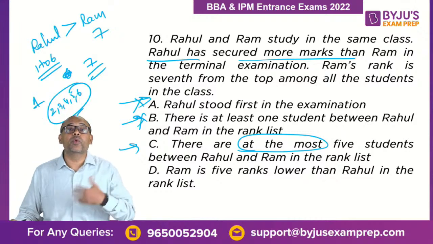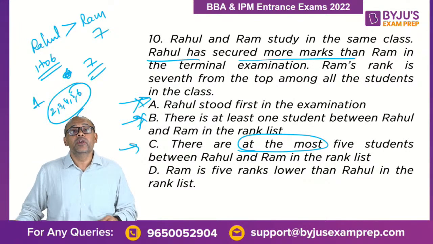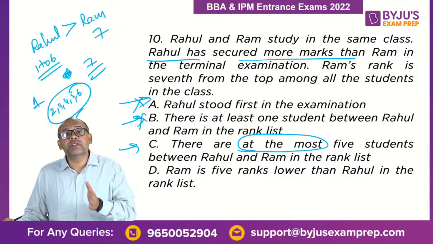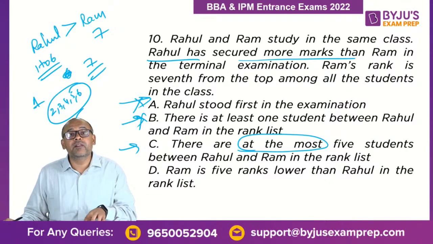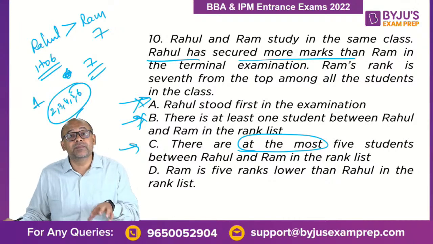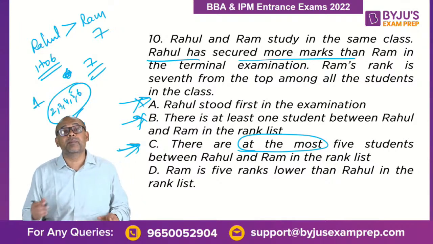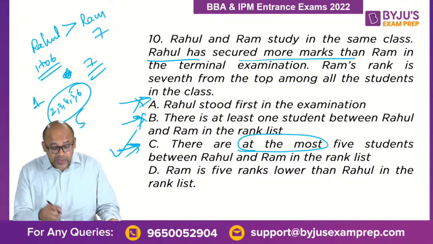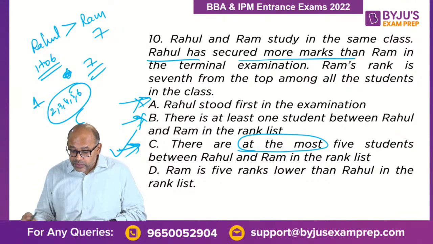You cannot get more than 5 students between them. So, if Rahul is the first ranker and Ram is the 7th ranker, then there will be 5 people, and that is the maximum. That is what the statement says, maximum at the most. Hence, this is correct.